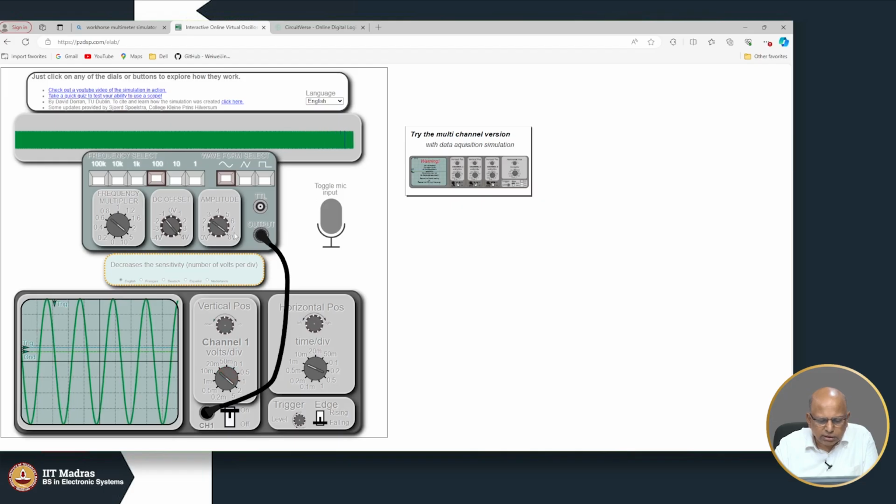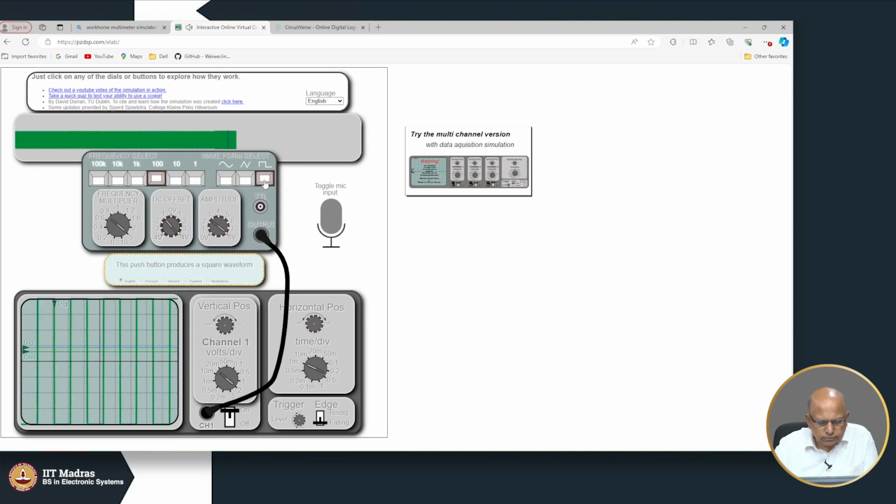So, 8 volts peak to peak, or maybe it is not peak to peak, maybe it is only half the value of peak to peak, that is possibly what it is. Yeah, I think they have given this value.